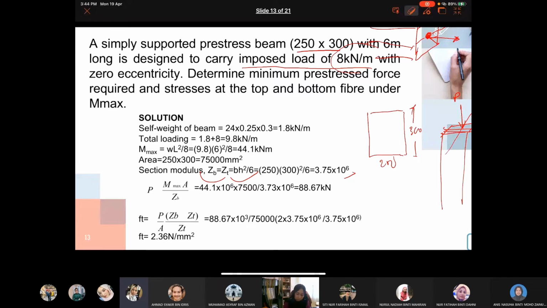Section modulus, if you look here, your bottom is equal to your top, so you have ZB equal to ZT.